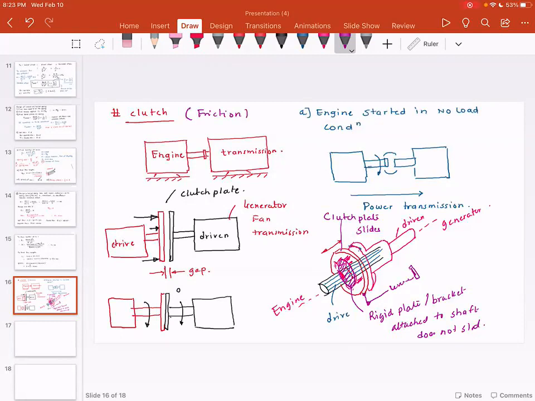You could have a single plate clutch. You could have a multi-plate clutch. Multi-plate clutch gives you more surface area, and the equation for power transmission is the same as what we saw a moment ago. Mu times W times Rm is nothing but the torque that is transmitted by the clutch.